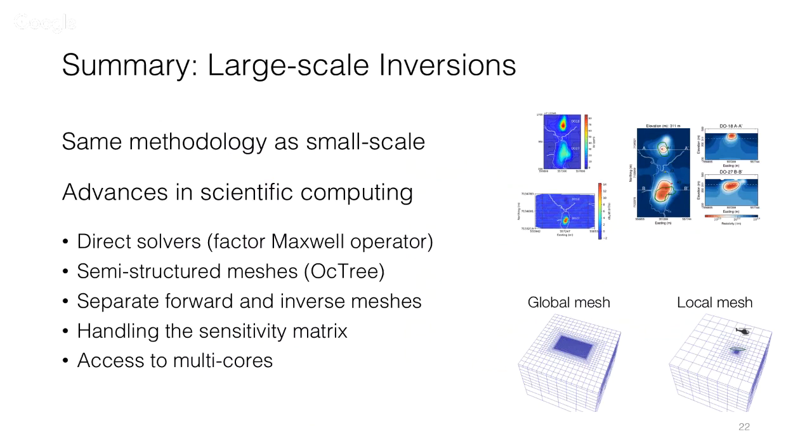And really, it's been the advances in scientific computing: direct solvers for any partial differential equation, semi-structured meshes, octree, separating the forward and the inverse mesh, handling large sensitivity matrices by doing that factorization, and access to multiple processors. Those are the big ticket items that really allow us to take that next step.